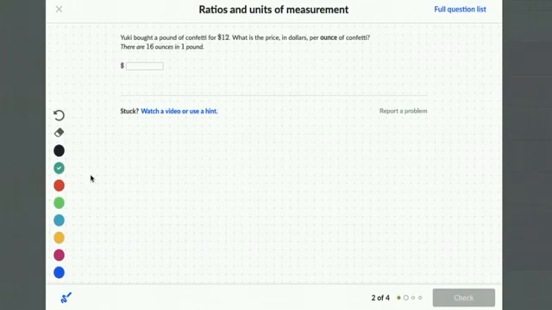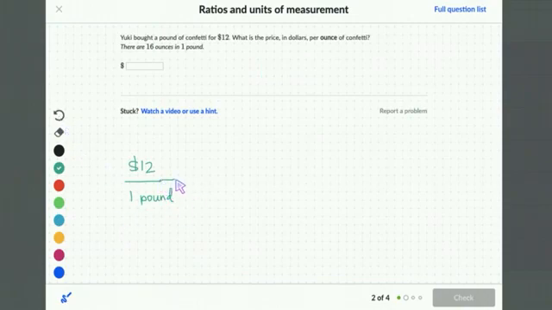So I'm going to write my information down. I have $12 per 1 pound. I like to write out the word pound because I feel like the LB for pounds looks like a 16 if I wrote it really quickly. So I like to just write out pounds.